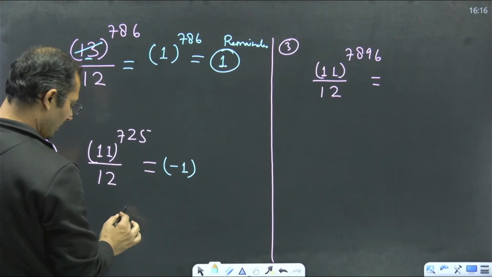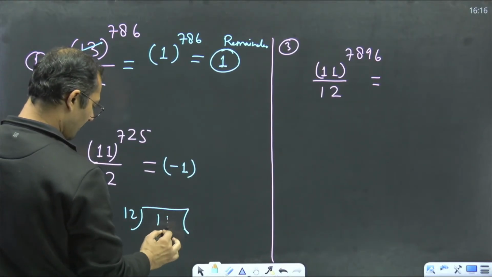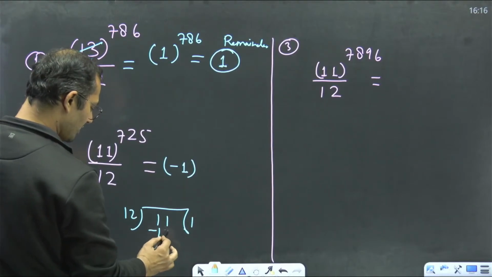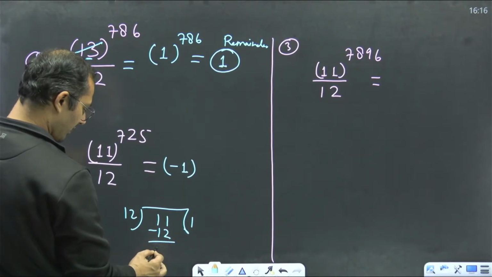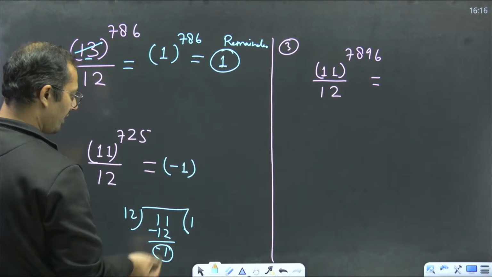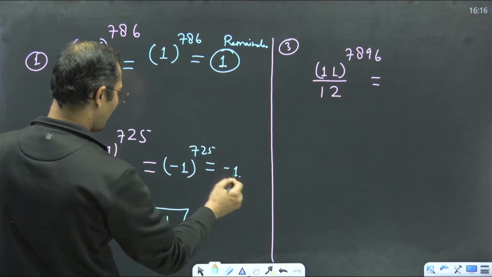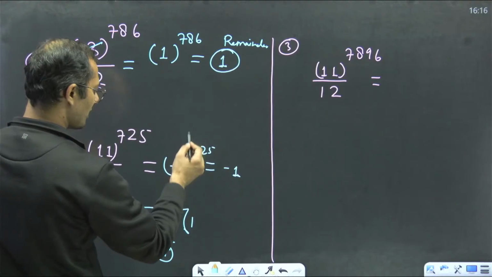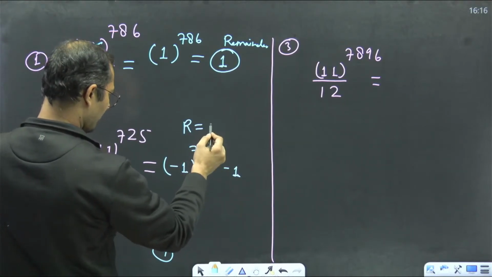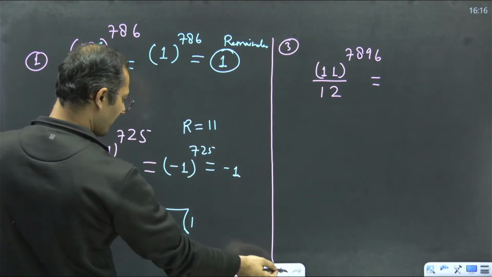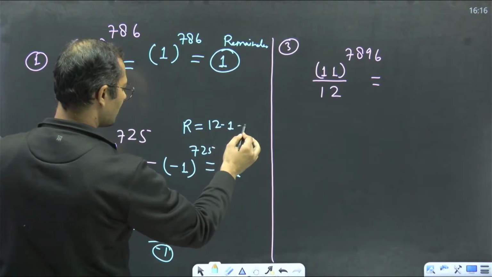So minus 1 to the power 725, the power is odd, so I get minus 1. The actual remainder is 12 minus 1, that is 11.